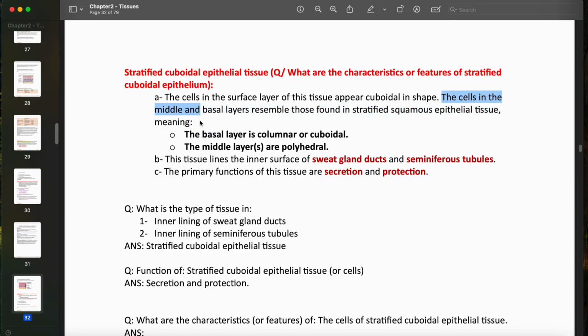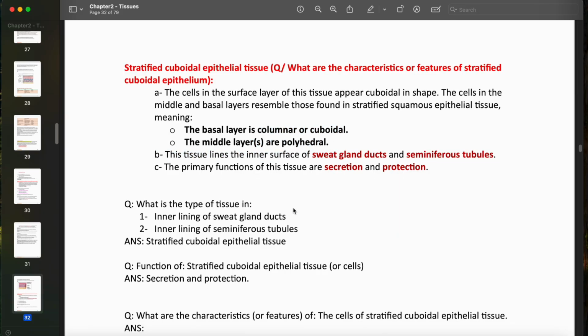When I say resemble them, I mean they have the same description. So the basal layer is columnar or cuboidal, and the middle layer is polyhedral. That's an extra point here because that's pretty easy. The middle layer and the basal layer in both tissues are the same, so that's really easy to remember.